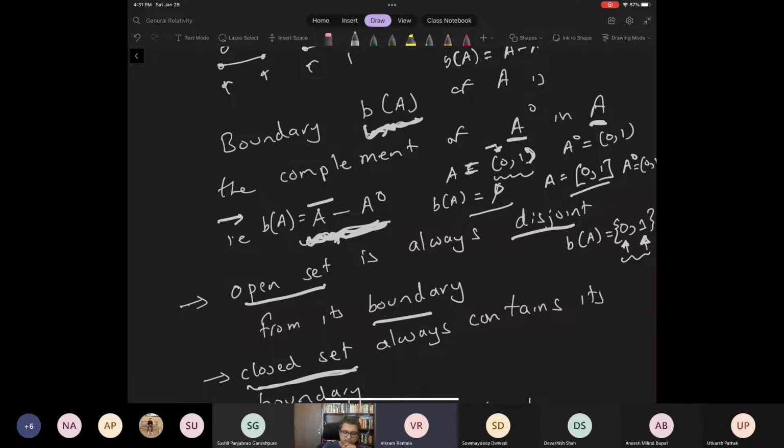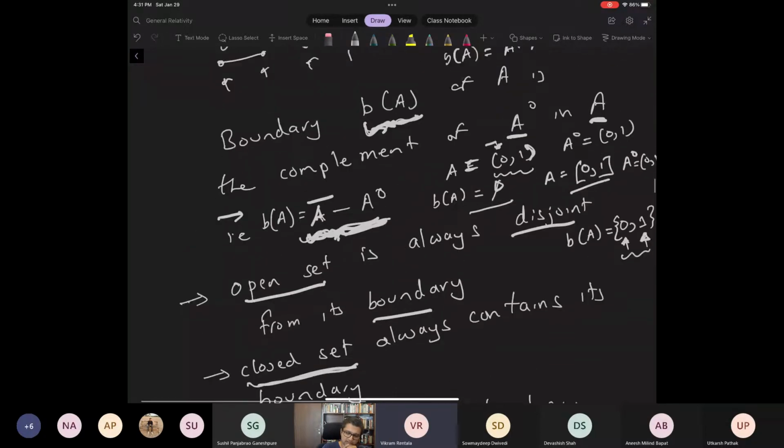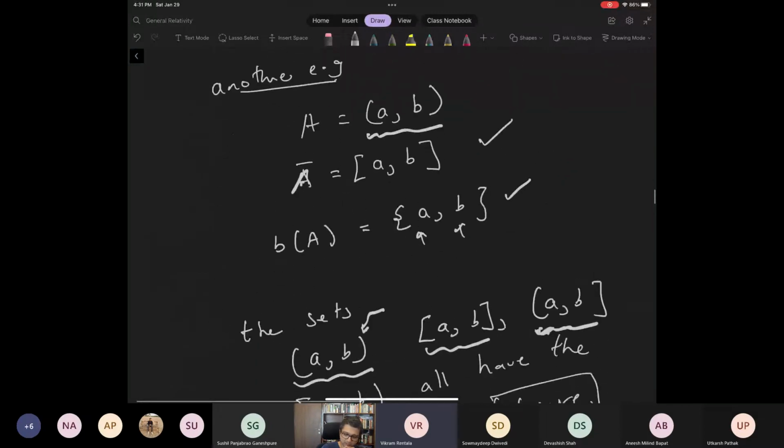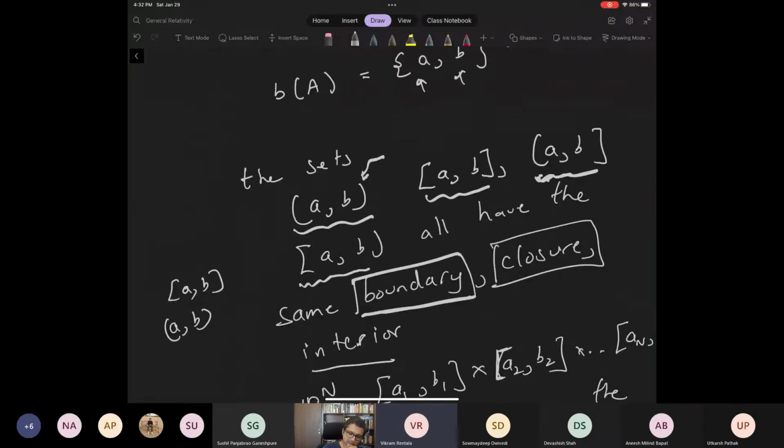If you assume this is the mistake, then the boundary can be outside the set. So the boundary of the open interval (a, b) is just these two elements, and therefore the boundary of all of these is the same.